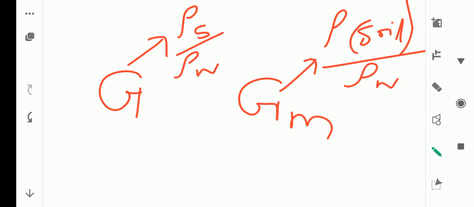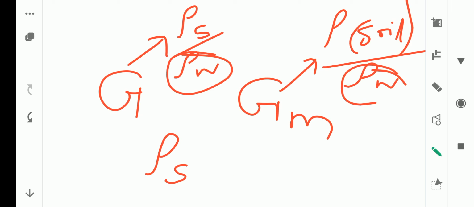Now can you tell me which one will be greater and which will be smaller? As the denominator in both, that is rho W, is the same, right? So what we have to compare is density of solids to density of soil. Which do you think is more?